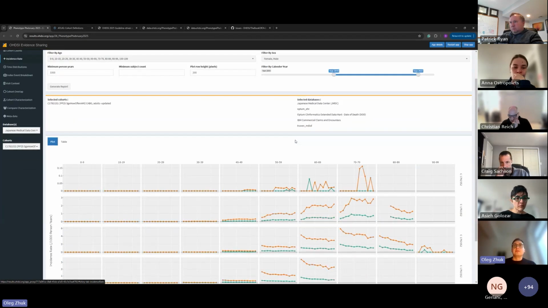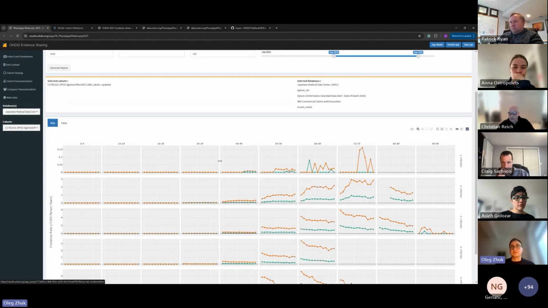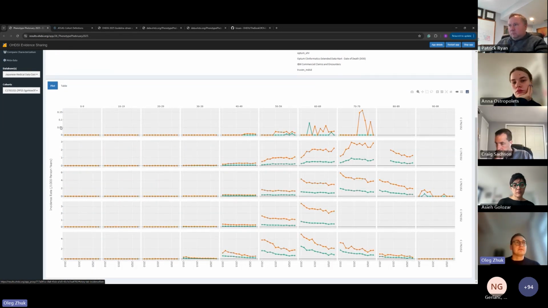And what we can see across the databases is that we clearly have some problem with GMDC, because there is no clear pattern, and we see that the incidence rates for GMDC are different from the incidence rates for other data sources. And here it's a good example. Then we could actually compare the incidence rate in different databases, and also compare it with the literature data that you probably have by this moment.